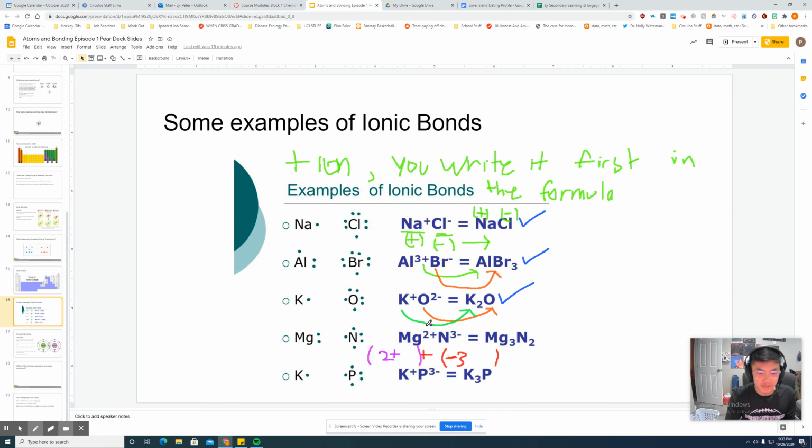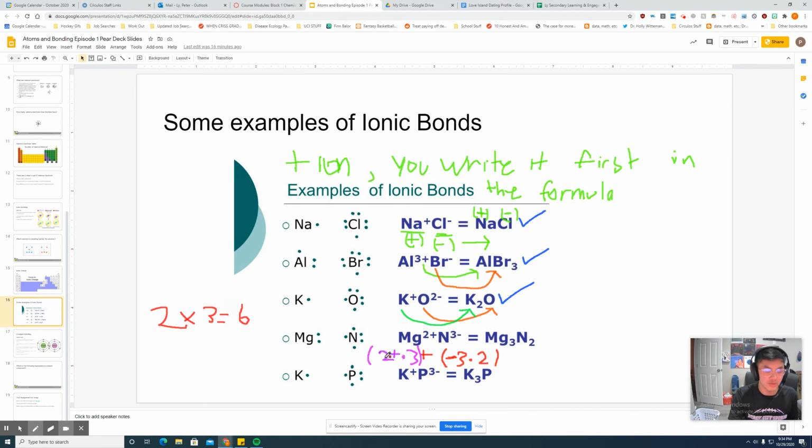So you're kind of asking yourself, well, it's a charge of 2, so what happens if it's a charge of 2 plus, but the other one is 3 negative? Here's what you're going to do. You're going to multiply the charge of +2 by 3, and for the charge that has -3, you're going to multiply this by 2. Because 2 times 3 equals 6.